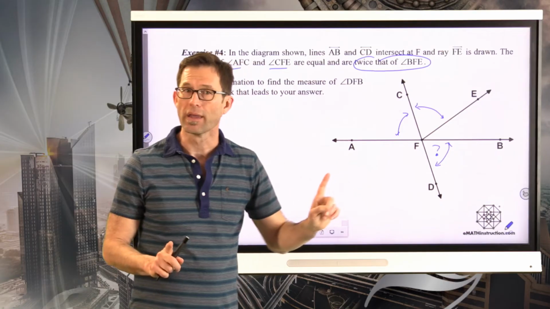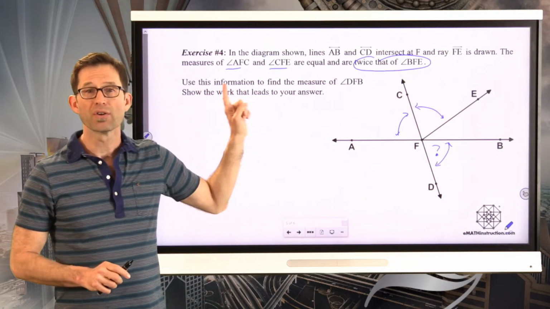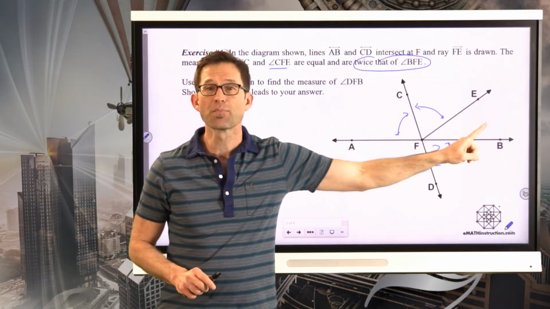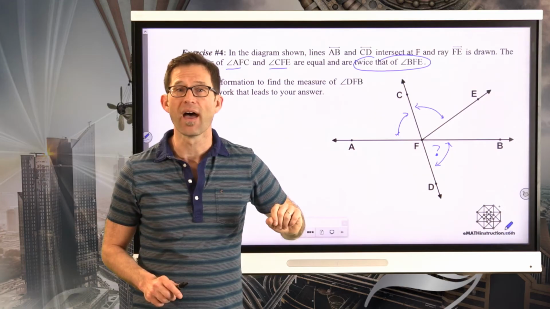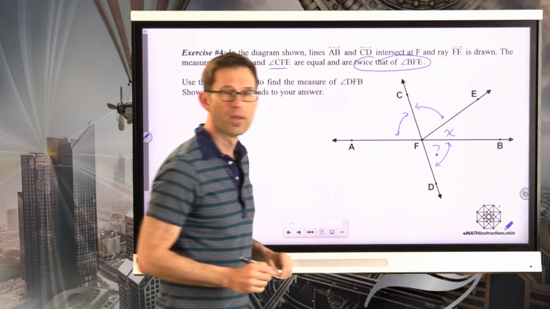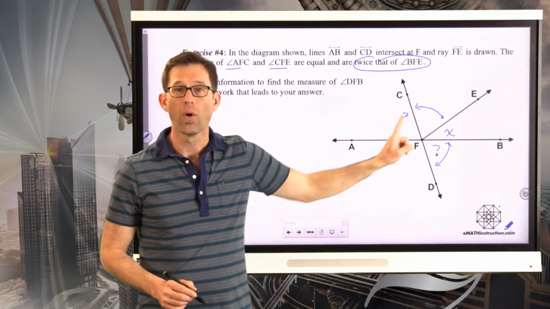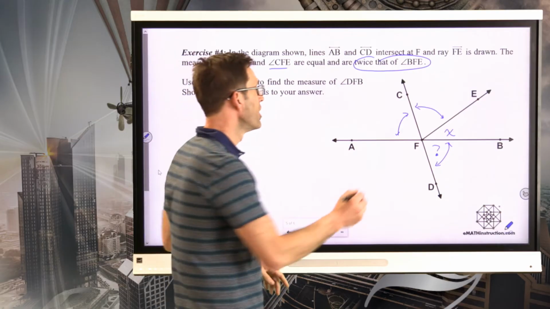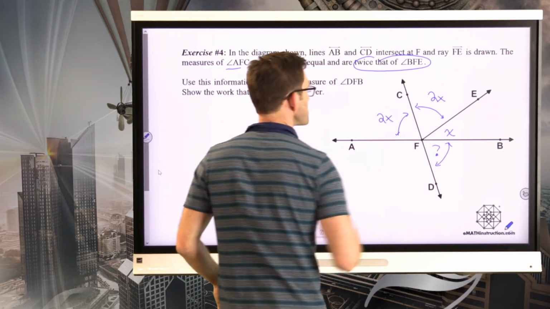Now this is important: both of these two measures are based on this particular angle here. That's the one I want to have be x. So I'm going to let this be x. Now, if that angle is x and these two are equal and twice that value, then I could call this 2x and I could call this 2x.